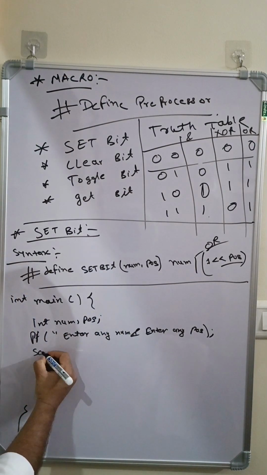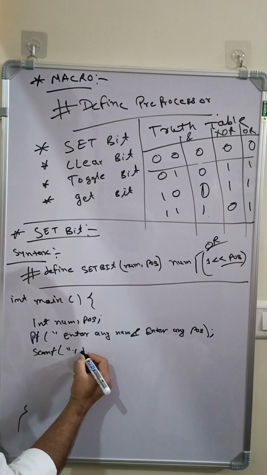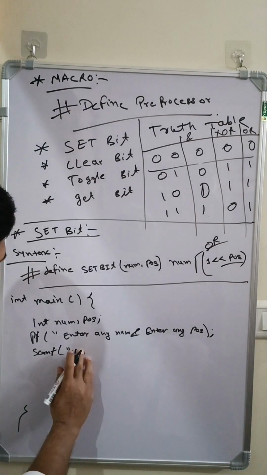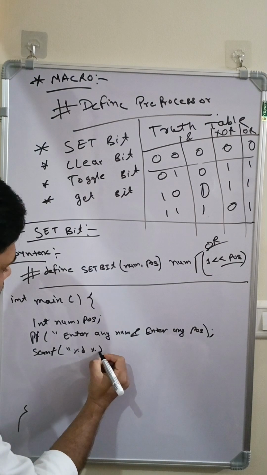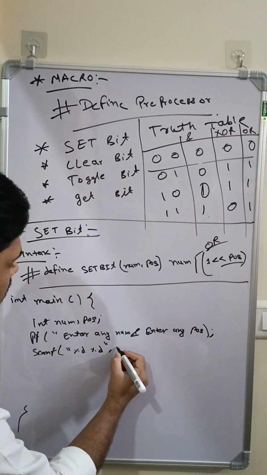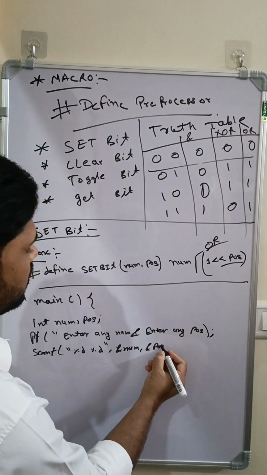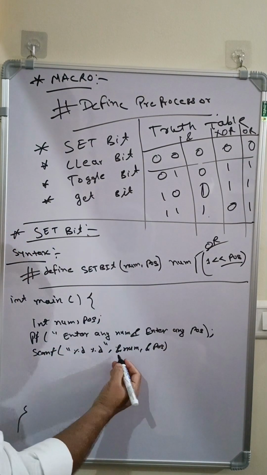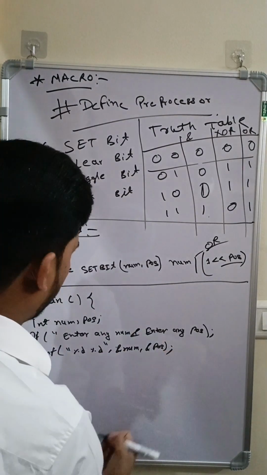So for scanf we can write scanf("%d %d", &number, &position). So when we want to take any number or position, we have to add & and the percent format. Okay, now close the bracket.